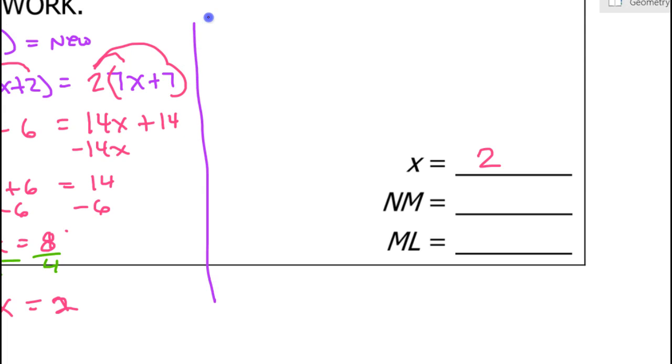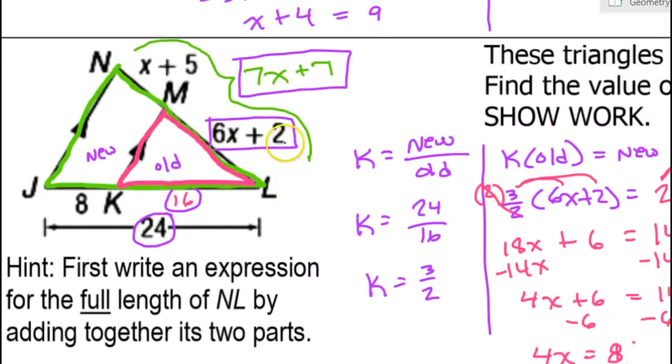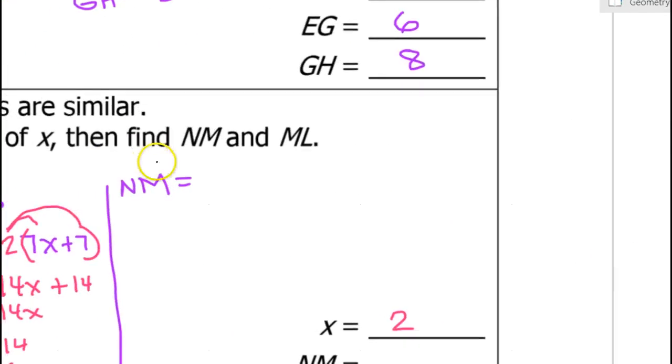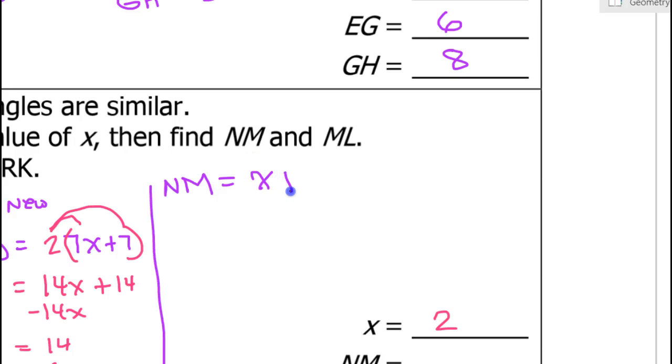Now I'm supposed to find NM. Let's see. NM is x plus 5, but x is 2, so that'll be 2 plus 5. So that means NM is equal to 7.